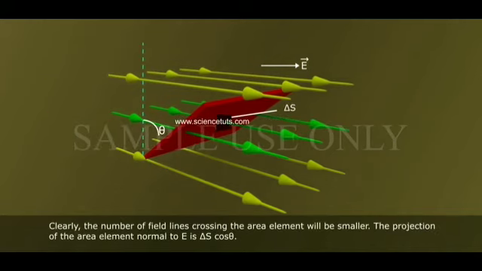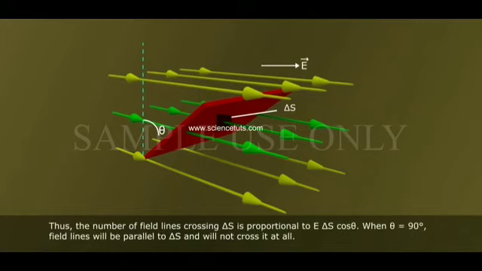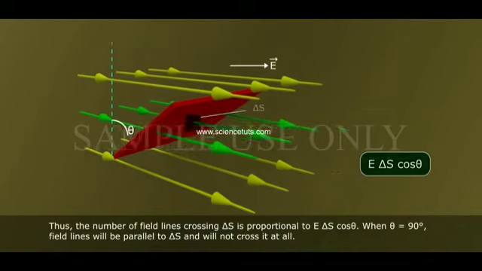Clearly, the number of field lines crossing the area element will be smaller. The projection of the area element normal to E is delta S cos theta. Thus, the number of field lines crossing delta S is proportional to E delta S cos theta.